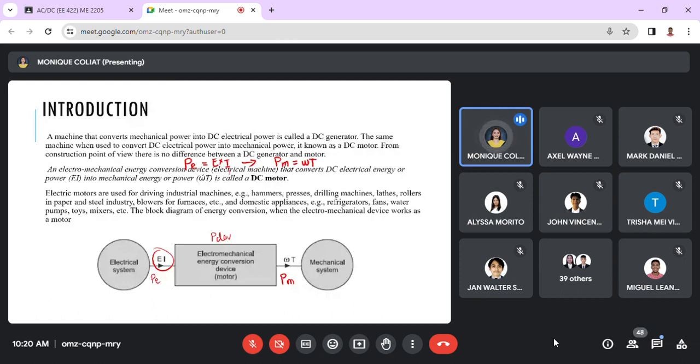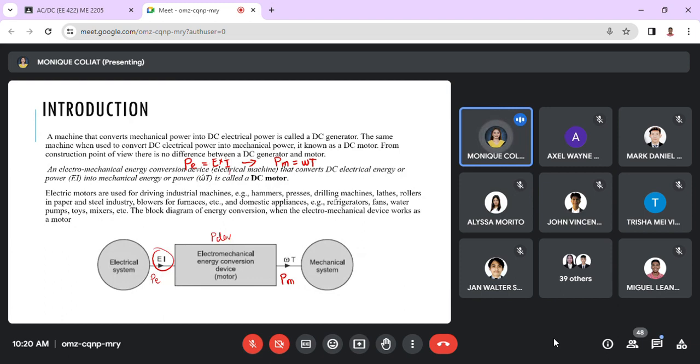So an electromechanical energy conversion device or electrical machine that converts electrical energy or power into mechanical energy or power is called a DC motor. So, ang conversion nito is electromechanical, so electrical to mechanical. So yung ating input power or electrical power is voltage times current.